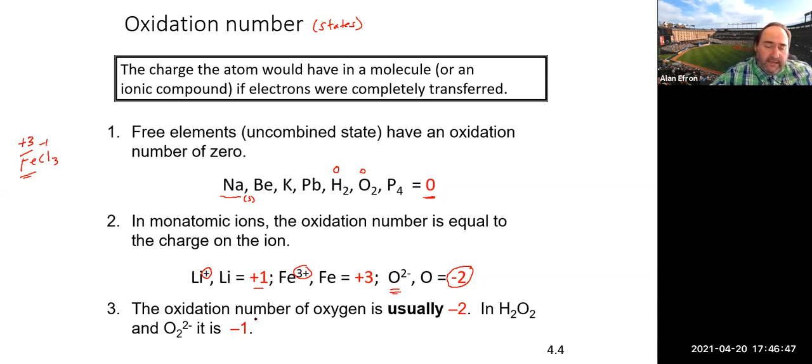In hydrogen peroxide, oxygen is actually -1, because this is the polyatomic ion peroxide. So you'll have -1 here for oxygen rather than -2. In most cases when you see oxygen, it's fairly safe to assume that it is going to be -2. But if you can recognize it as peroxide, it would definitely be -1.